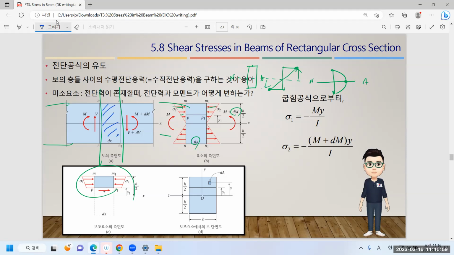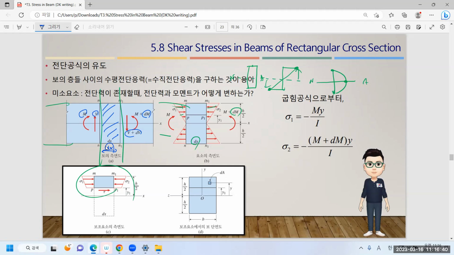This is our selected tiny element, with a length dx, and on the left-hand side and the right-hand side there are the moment and the shear components, aren't there? On the left-hand side is the moment M and the applied shear V, and on the right-hand side it is M plus dM, because we have additional length here. So this is V and M, and I don't need to explain the direction of the shear force, to maintain the positive it should be like that.